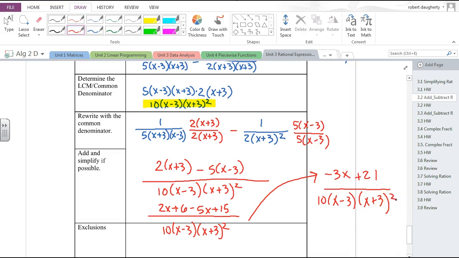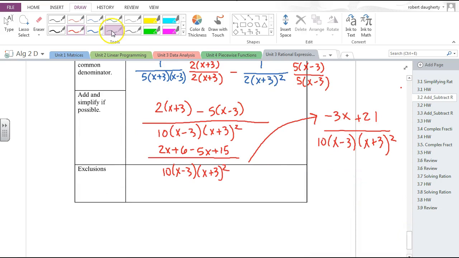Now, is everything completely factored? Yes or no? No. So here's the deal. I always want to double check it because it might simplify. I can factor out of the numerator a negative 3, right?